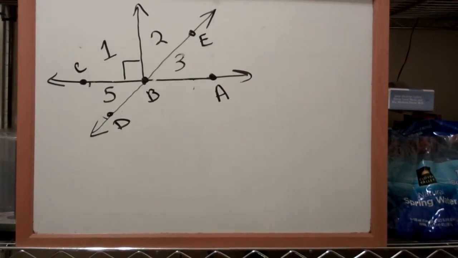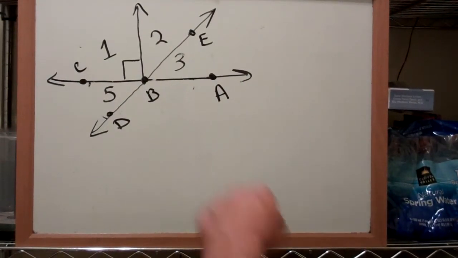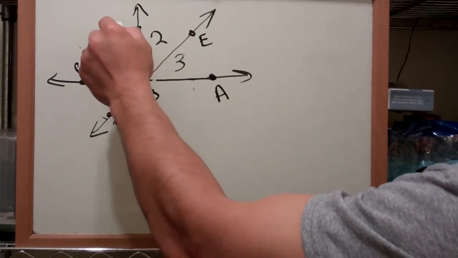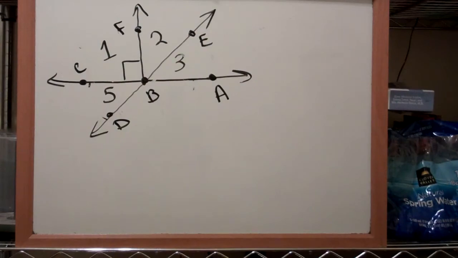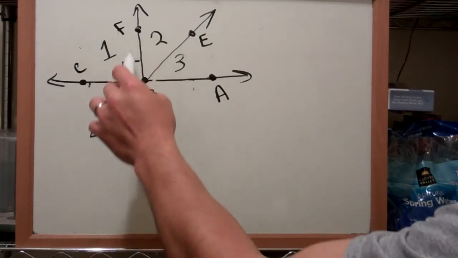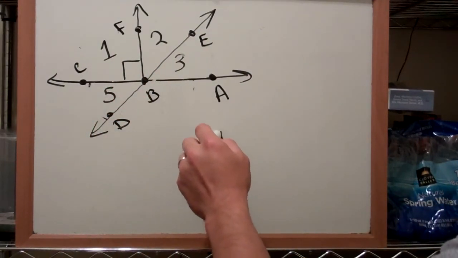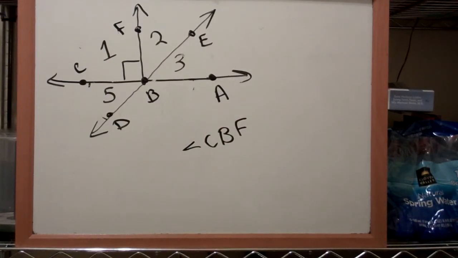And lastly, a right angle. Here, we could say that angle CBF is a 90-degree angle. A right angle means that it's equal to 90 degrees.